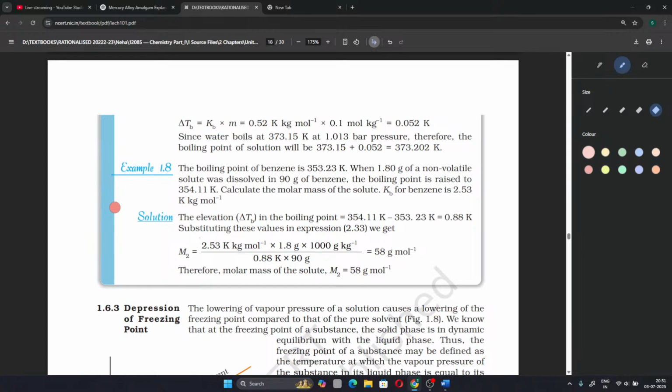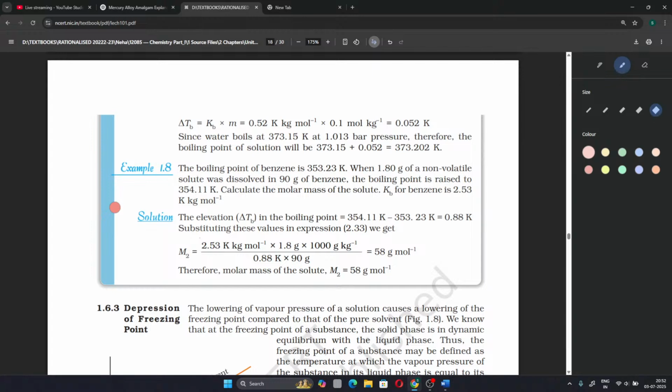Then the boiling point is raised to 354.11 Kelvin, a 0.88 Kelvin change. Calculate the molar mass of the solute. Kb for benzene is 2.53 Kelvin kg per mole.